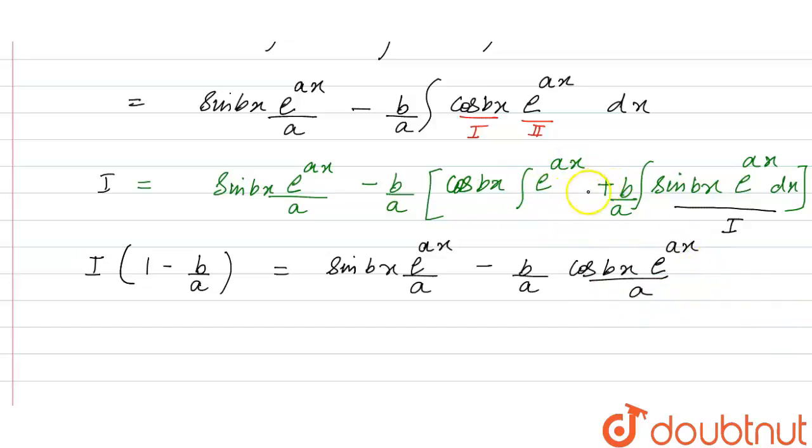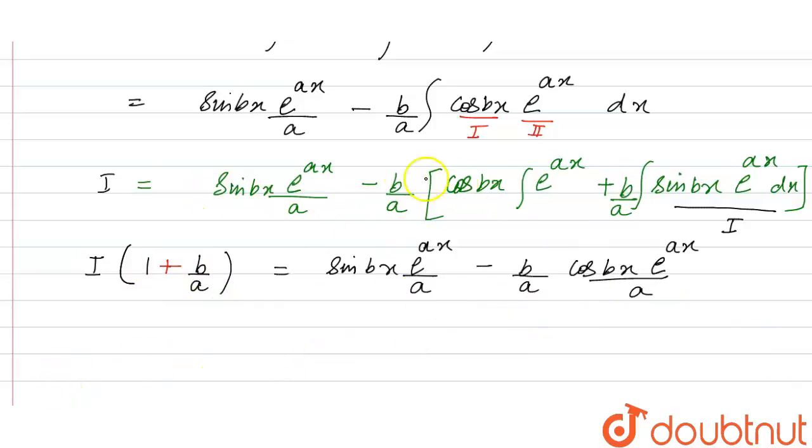Because here is a minus sign, minus plus will be minus, so after going there it will be plus, 1 plus b by a. So here this term is left.